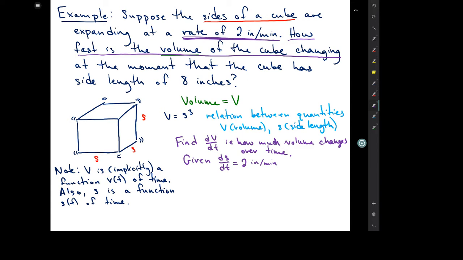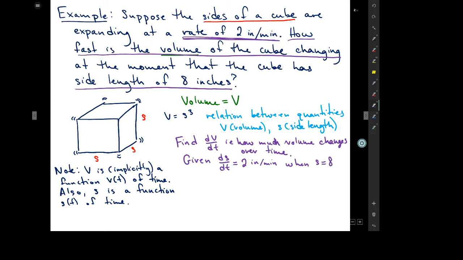Now there's one more part of this problem that we're given. We need to know how fast the volume of the cube is changing at the moment that the cube has side length of 8 inches. So we're asked to find dV/dt given ds/dt when s is equal to 8.